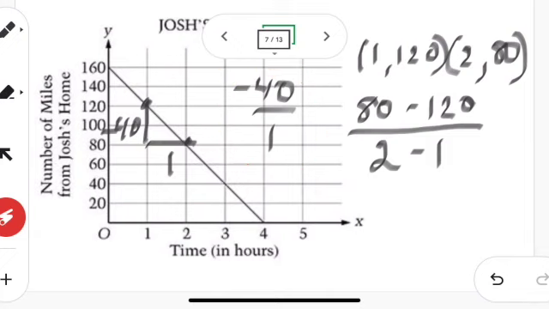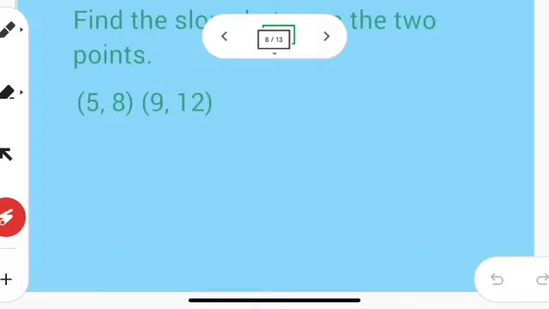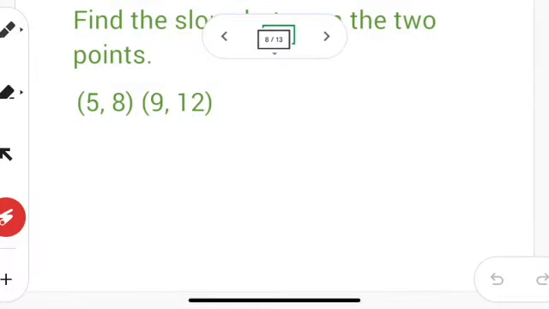So let's look at this with just points. So here I have 2 points. Now there is a specific formula here. But before I get there, I just want to label these points so I know which one is my first set of points and which one is my second set of points. So I'm going to label this x and y, but I'm going to put a little 1 right here to say this is my first set of points.